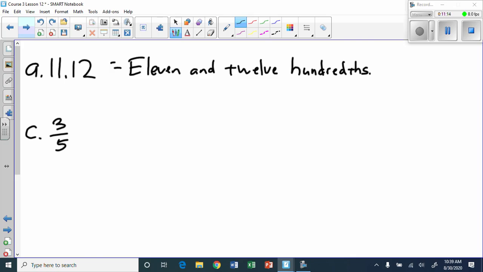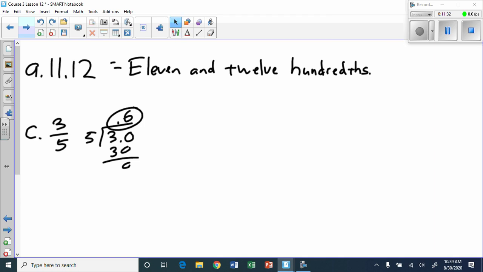As I look at C, write each fraction as a decimal. Now I shared with you earlier that we can divide this. So 3 divided by 5, add a 0, put it up, 6, and I get 30. 6/10.